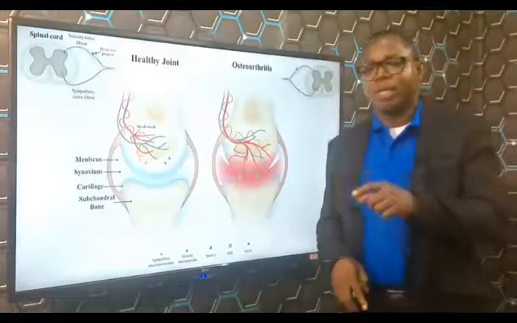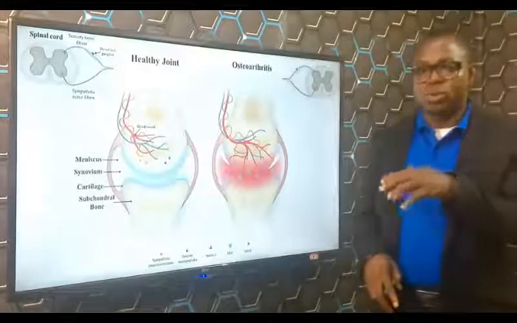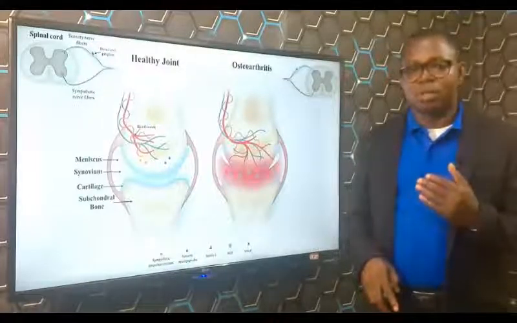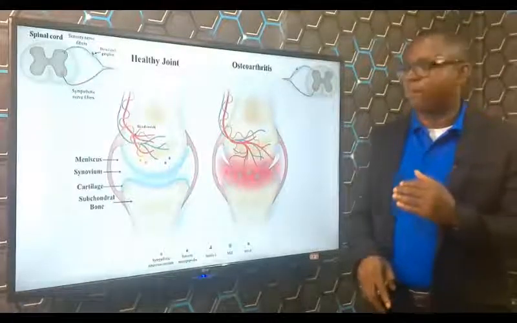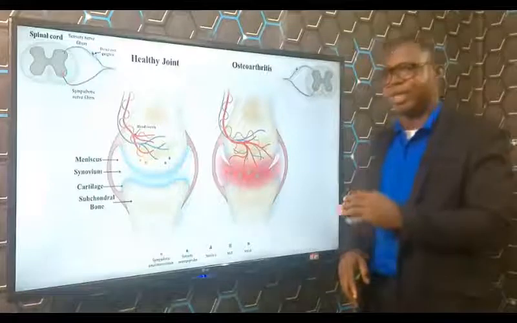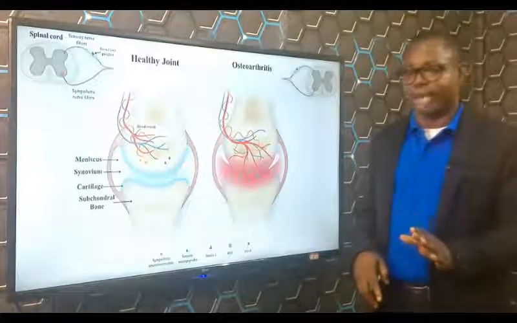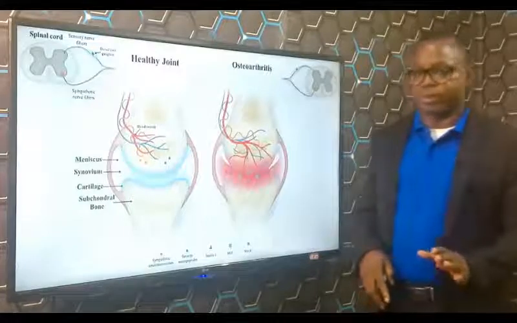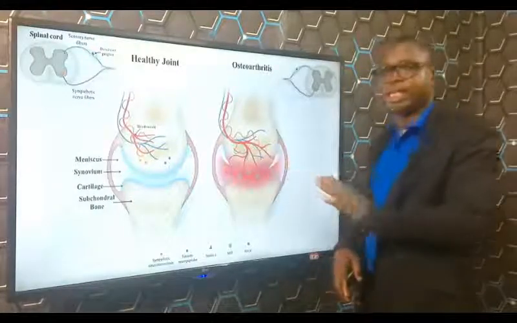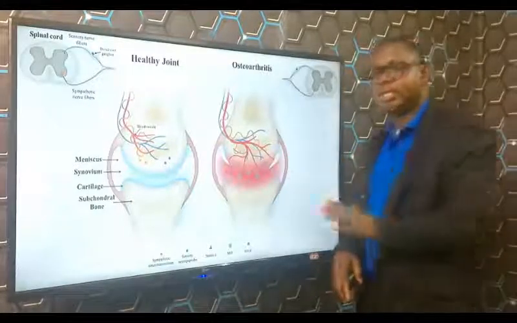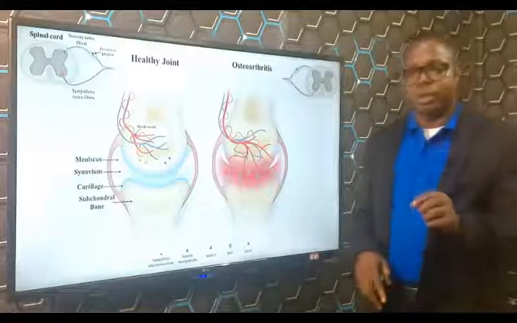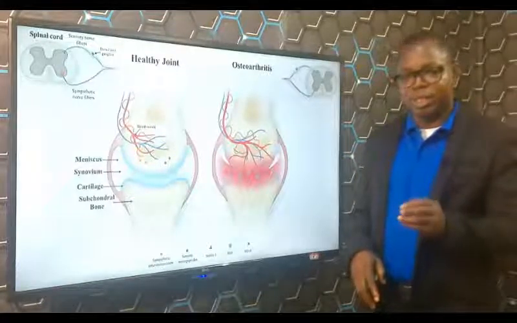Okay? Now, why does this wound cause the pain? It's because of the availability of what we call the nerves. Every part of your body is connected with nerves as well as blood vessels. In the joint, like in the knee, the cartilage doesn't have any nerve supply. So even if you are hitting it, it doesn't give you pain.